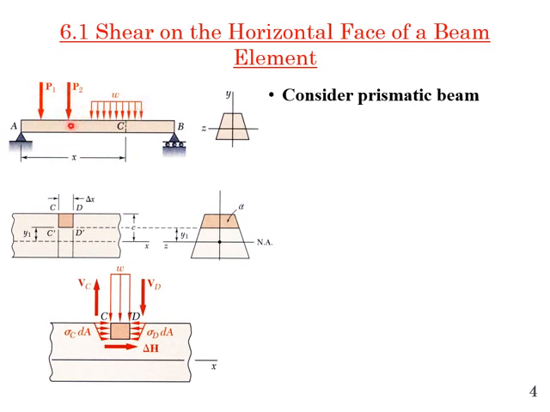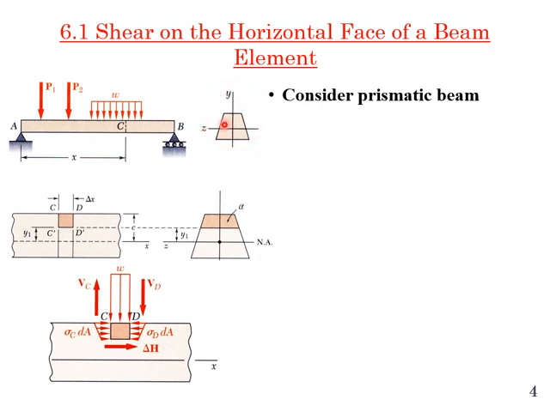If I take any section, there must be a transverse force, transverse shear, as well as bending stress. We have a prismatic beam, the y-axis is the axis of symmetry in this case, and the x-axis is along the axis of the beam. If you take any section, the cross-sectional view is given over here.